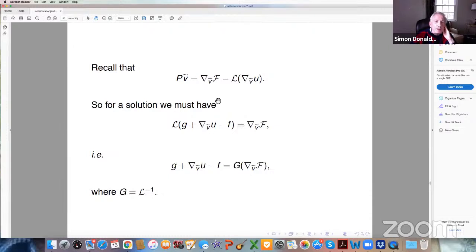So we need to do more, and this is where the v tilde comes in. Remember, we have this formula for the linearization of the action of v tilde. So if we substitute that in, using the fact that this linearized operator appears here, we can write our equation in the following way.